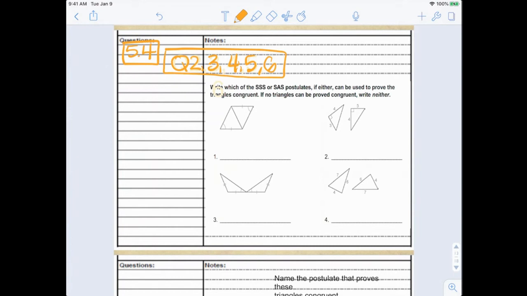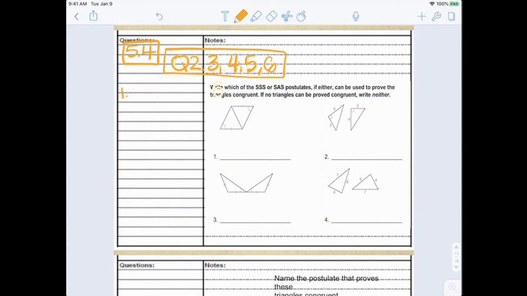So what you're really doing as you're doing questions number 2, 3, 4, 5, and 6 is you're looking at what you are given and what we can draw in.